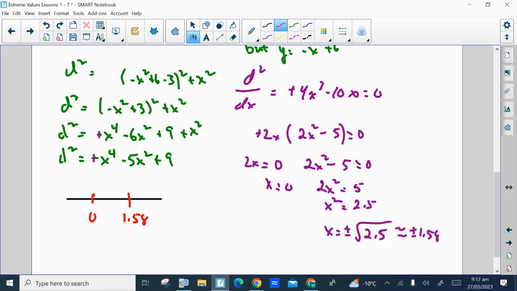The only thing that you have to make sure is that when you find a number to the left of 0, it can't be less than negative 1.58 because that is our other critical number over here.